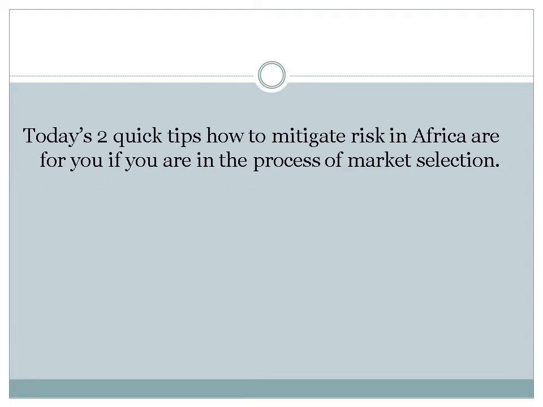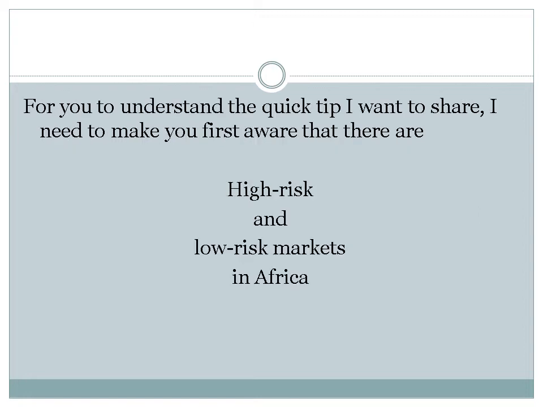Today's 2 quick tips on how to mitigate risk in Africa are for you if you are in the process of market selection, or that process will come up for you very soon. For you to understand the quick tip I want to share, I need to first make you aware that there are high risk and low risk markets in Africa.